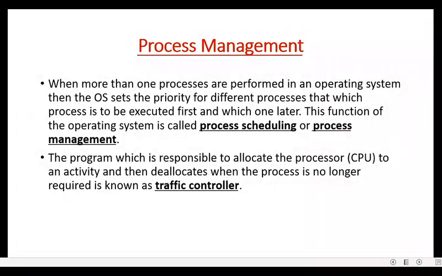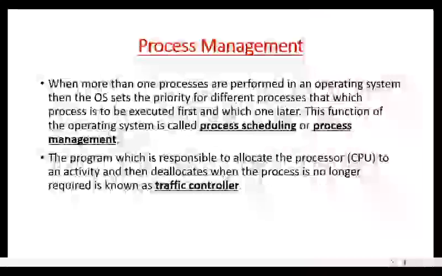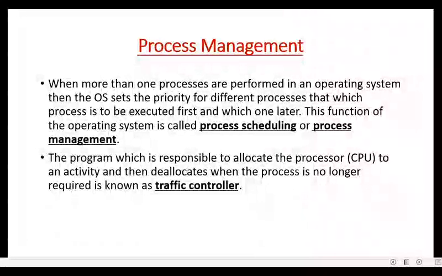What does it mean? If the process has been completed and you don't need it further, then it will be deallocated from the memory. This is called the traffic controller. What does it mean? If the process has been completed but remains in memory, the memory will be consumed. जिसे हम बोलते हैं ना कि मेमोरी भर गया है.